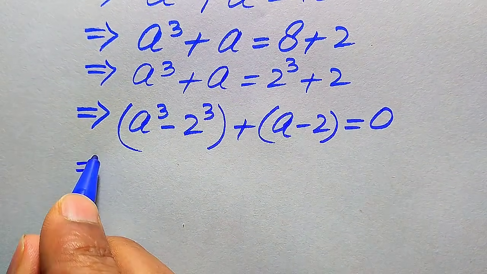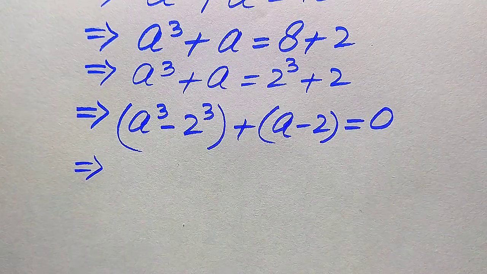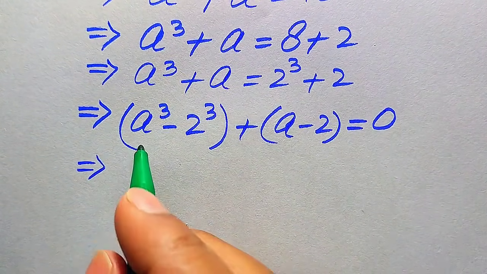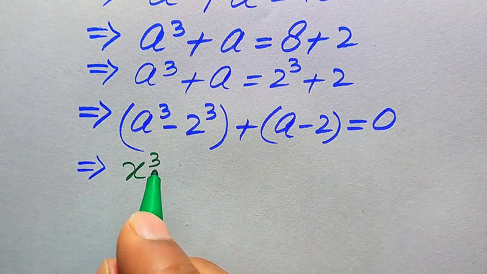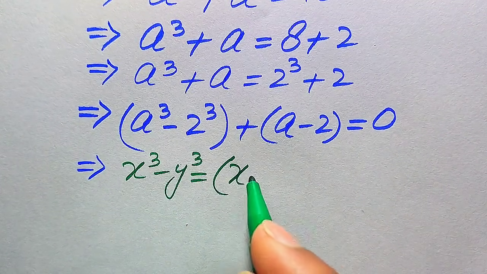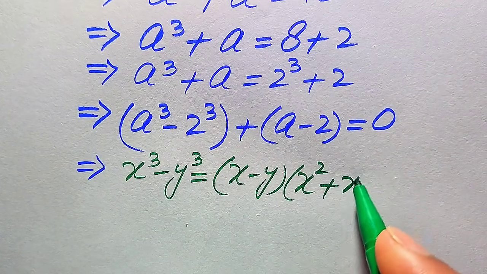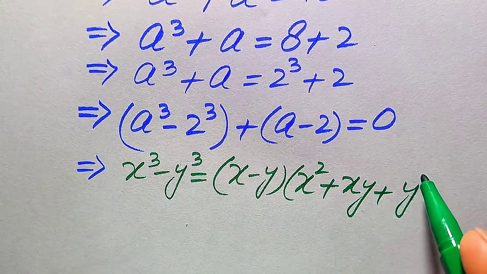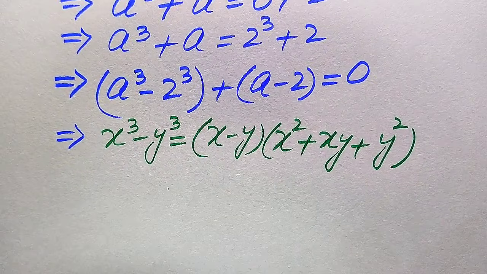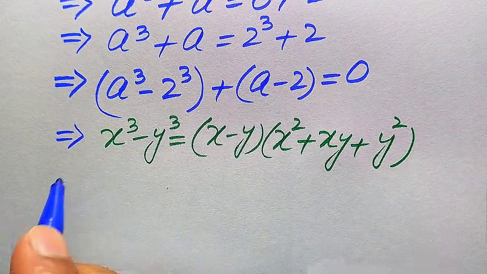And now further in the next step we need more simplification, and here we use the nice cubic formula to solve the first factor. And here we apply this formula: x cubed minus y cubed is equal to x minus y times x square plus xy plus y square. According to this rule, we write this term in this form.